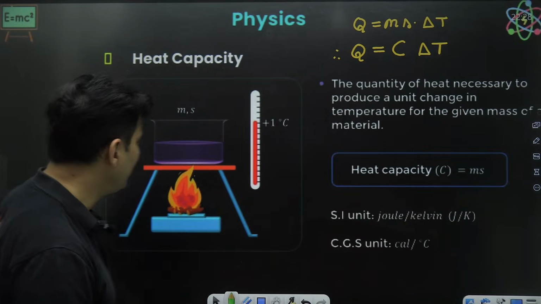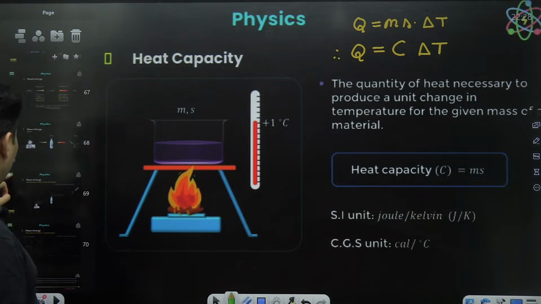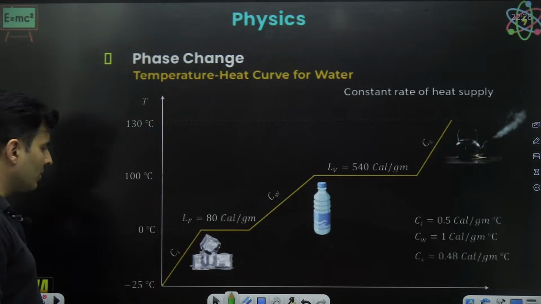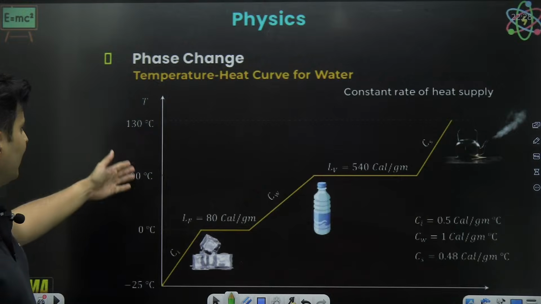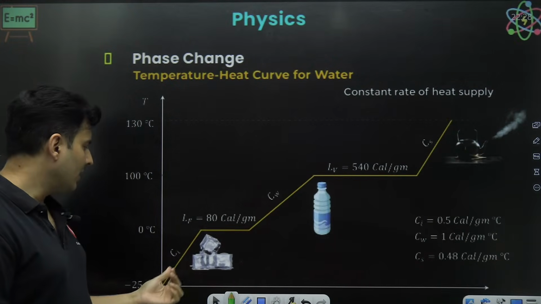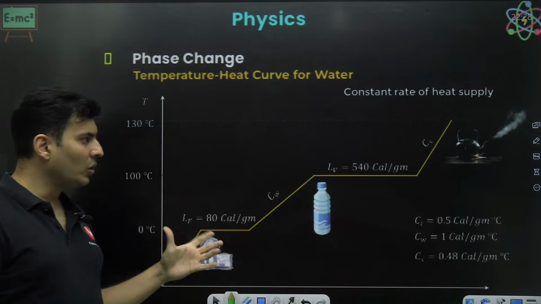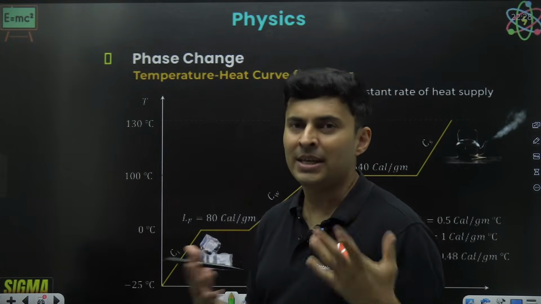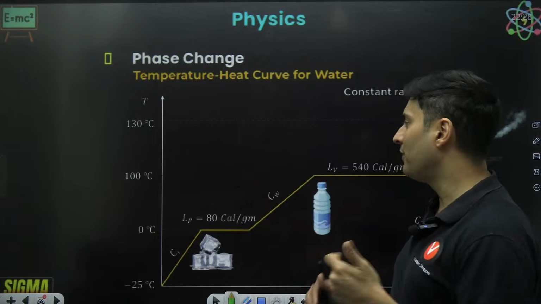Now, if I go back to this diagram and I ask you, okay, listen, this is temperature and let's say this is heat. I'm heating it. What is this slope really meaning? What does it really signify?